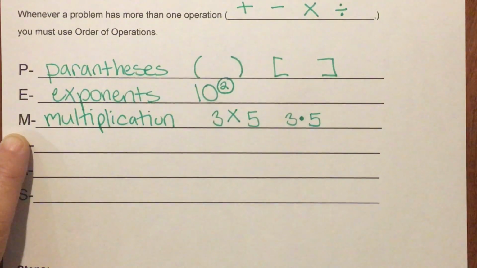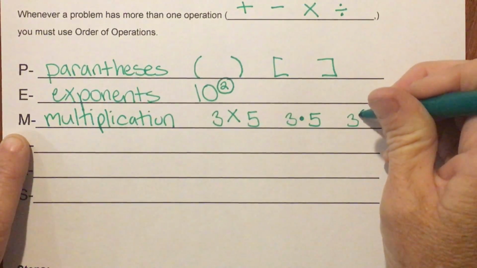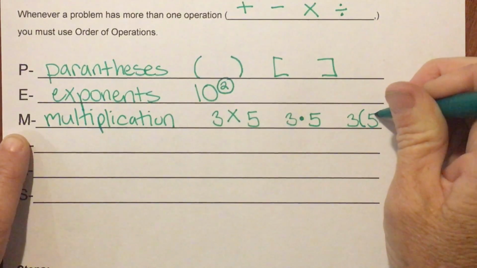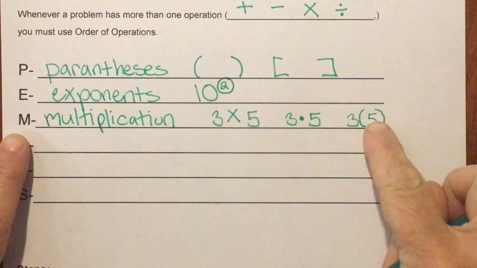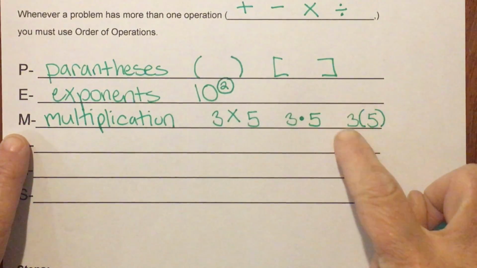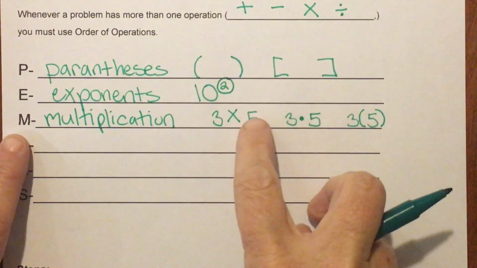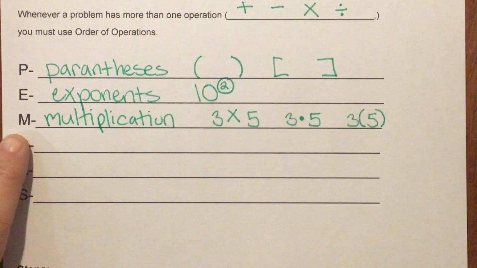That also stands for multiplication. Something even more sophisticated is when you'll see parentheses, but there's not anything inside them. It's just a number next to a parenthesis. This also stands for multiplication. These are the 2 that you'll see most often in 5th grade.